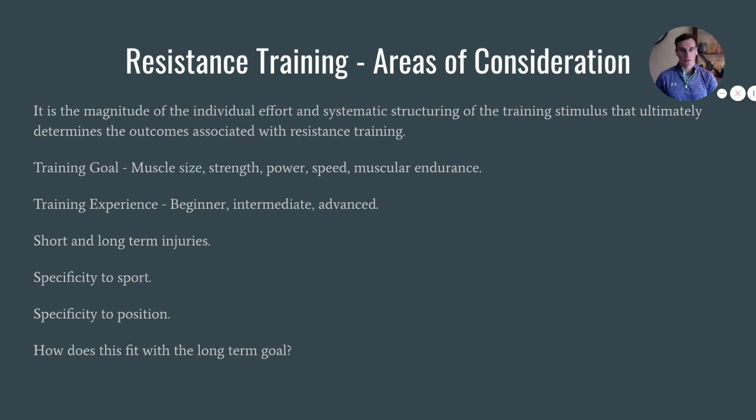That comes down to them. But the structure of the training stimulus, which is basically what we give the person to do, comes down to us, and that's what we have the most control over. That's going to determine the outcome. If both those things are aligned, then we're going to have a good outcome.